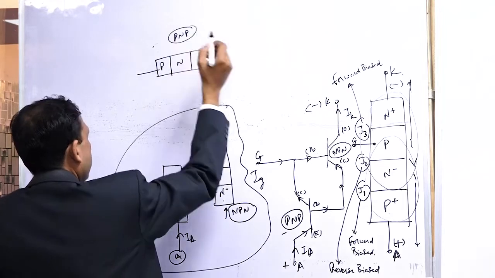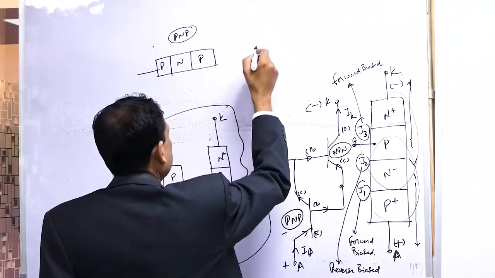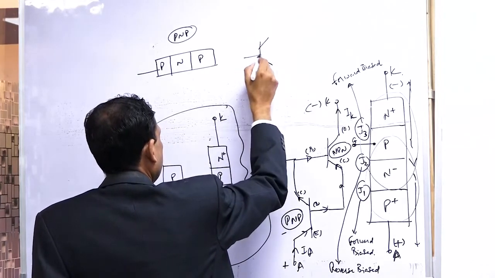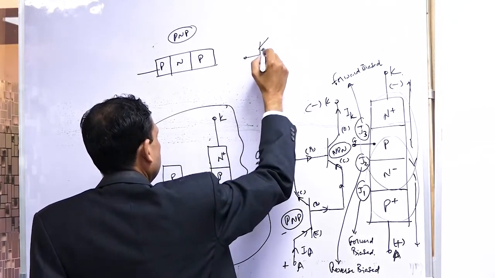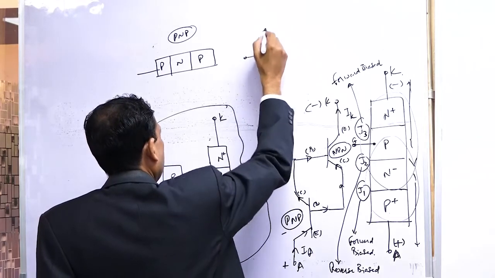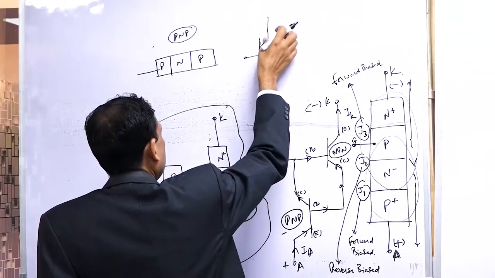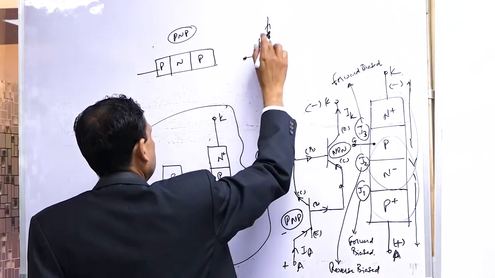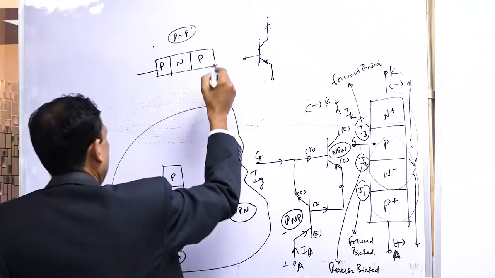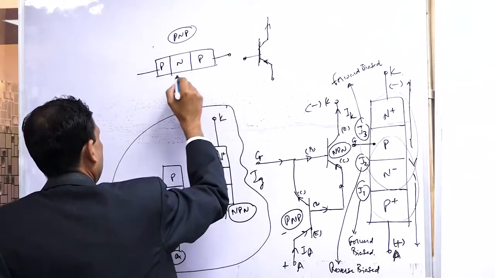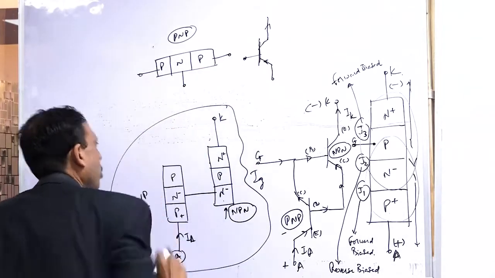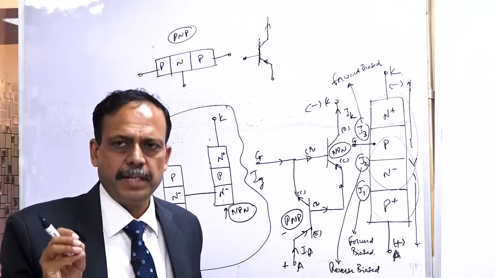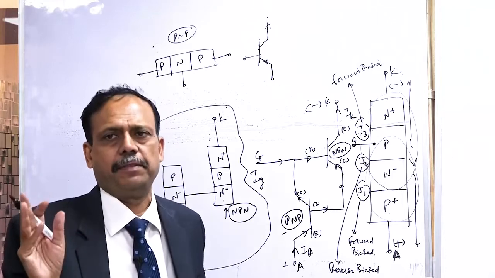PNP transistor and its equivalent circuit. You know, the transistor is having three terminals. One is emitter, one is collector, and what is base.